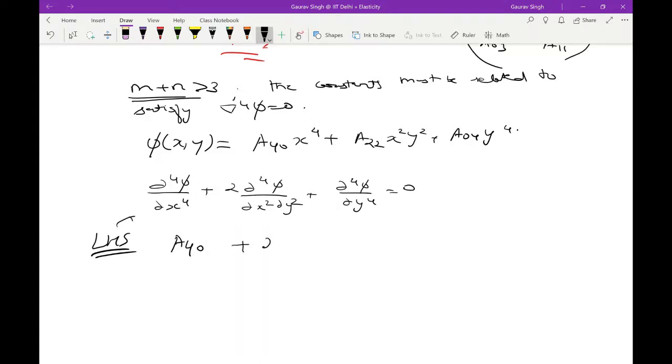Then you have to the power of 2. First term will not make any contribution over here, second term will make.